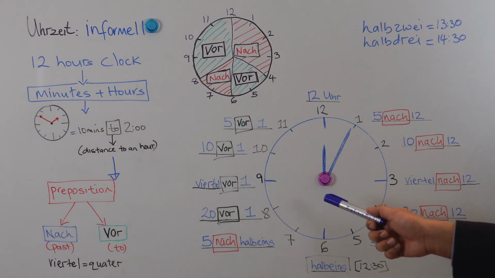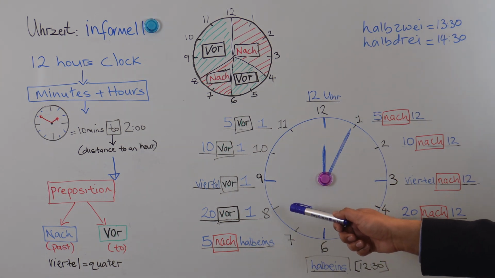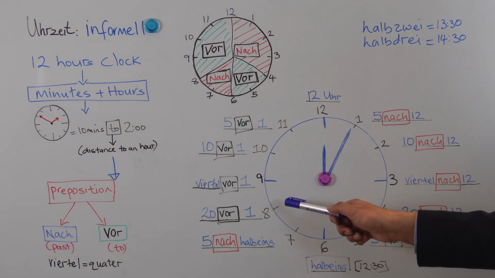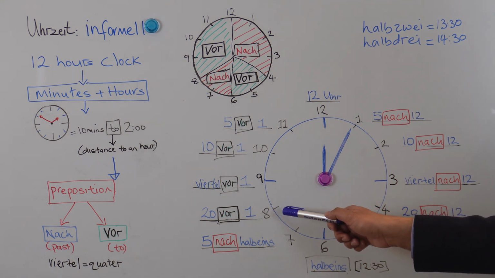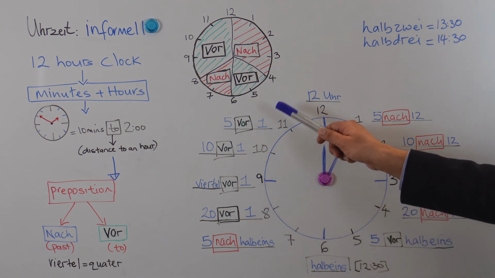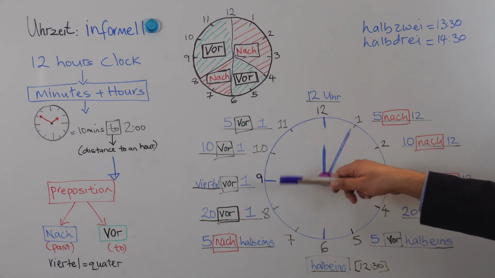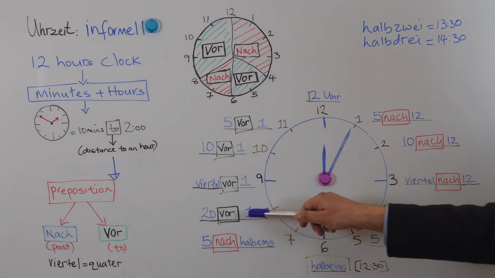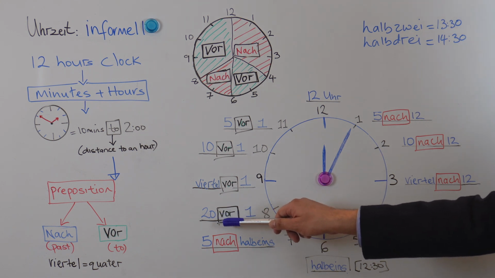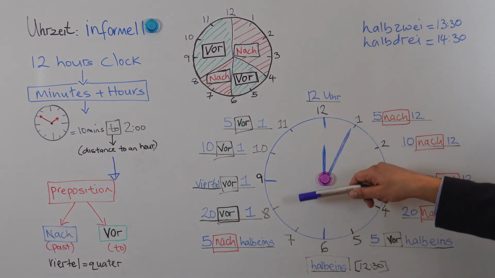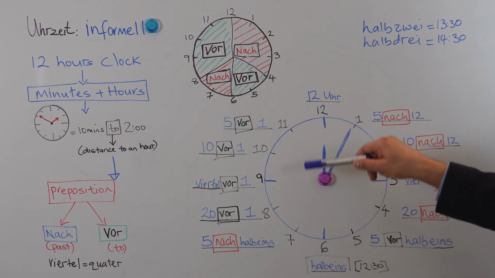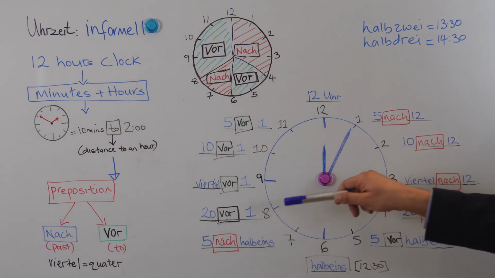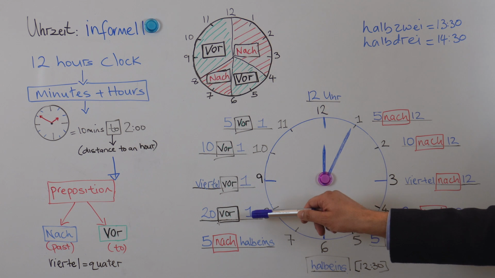And then as your minutes needle meets the 40 minutes, you enter the vor area. So 20 vor eins, 20 to 1. When it comes over here, it will be 1 o'clock, so there are still 20 minutes to go.